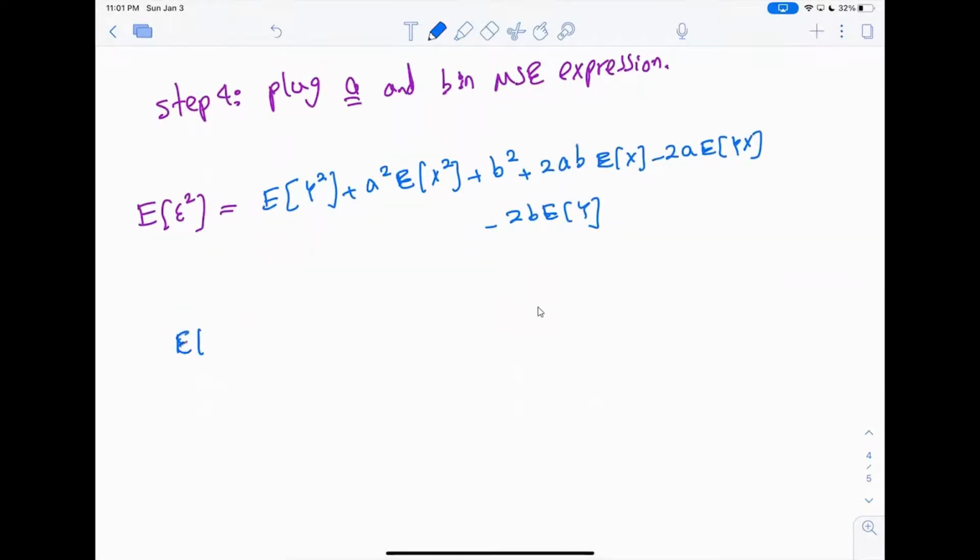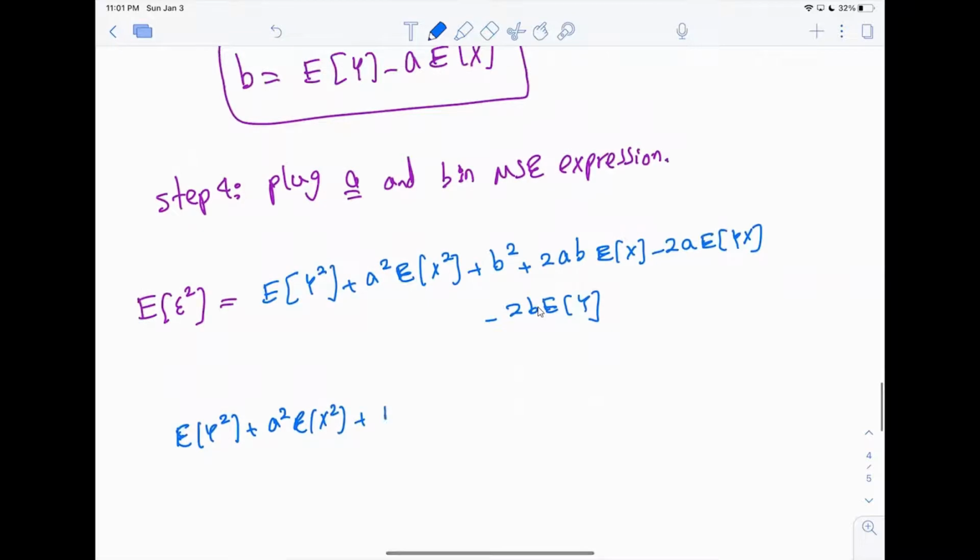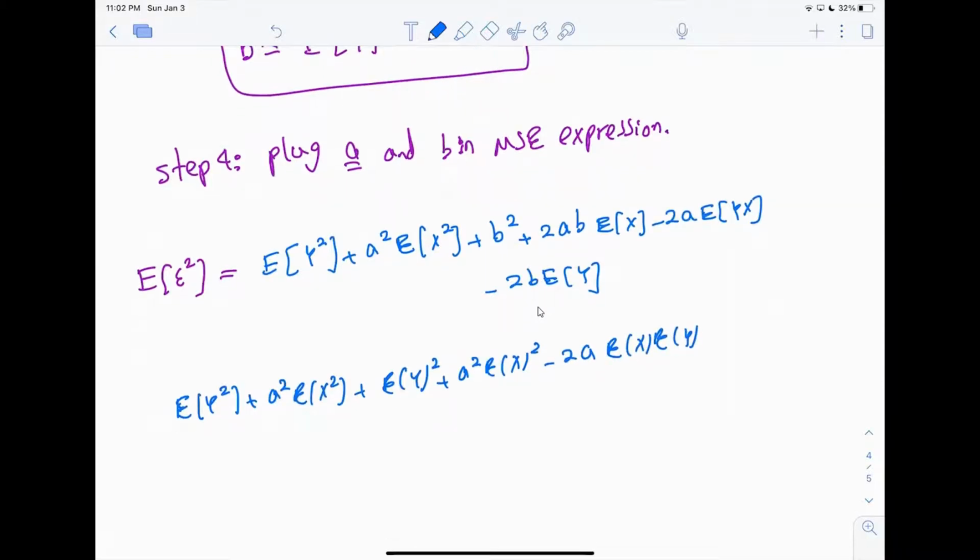E of y square plus A square E of x square plus, let's just plug this one, E of y square plus A square E of x square minus 2A E of x E of y, plus 2A E of x.